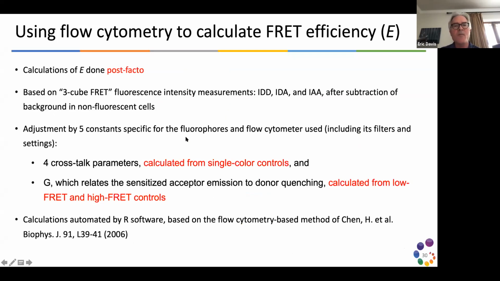So when you use these controls and reporter cells and collect data in the 3 different channels, it's possible to calculate what the FRET is, but that is done after the fact. With the measurements of the 3 channels, IDD, IDA, and IAA, there's adjustment necessary by some constants that are calculated based on the use of the single color controls and the low FRET and high FRET controls.